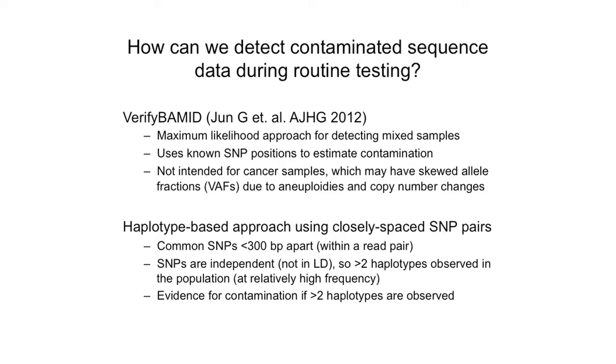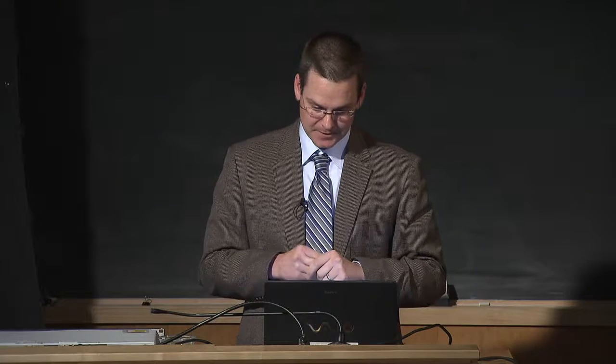But if they're independent, then you have more than two haplotypes. And if these are common SNPs, then these haplotypes occur commonly in the population. If you observe a single individual, you only expect two haplotypes because it's a diploid organism. If you detect more than two, then there's some level of contamination.